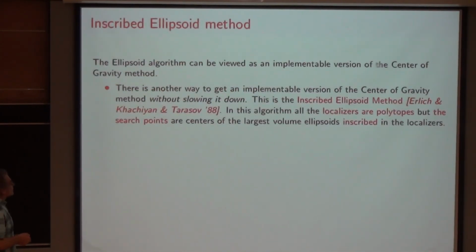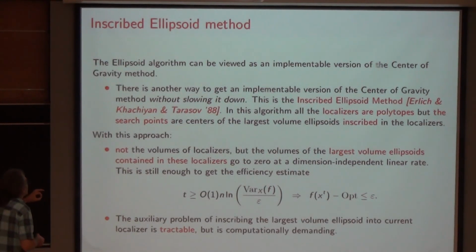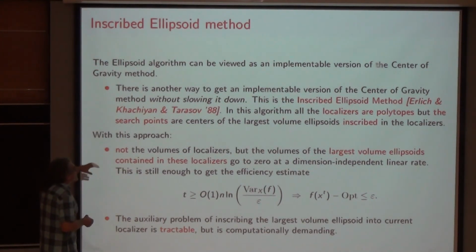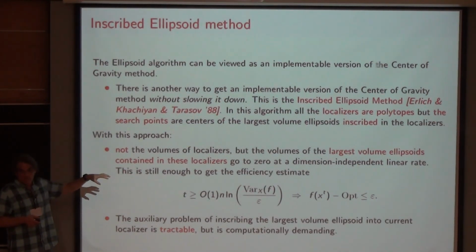There is another algorithm which is completely different, but which also uses the same ideas, and this algorithm is due to Khachiyan and Tarasov. The idea was the following. The localizers which we obtain will still be obtained by cuts, but the size of these localizers we will measure by the volume of the largest volume ellipsoid inscribed in the localizer.